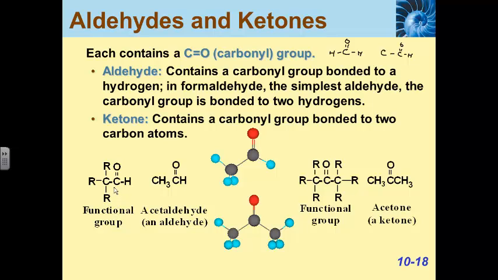A functional group that places the carbonyl group at the end of a chain will always have a hydrogen: an aldehyde. If the carbonyl group is anywhere but at the end of the chain, attached to 2 carbons instead of just 1, it is known as a ketone.